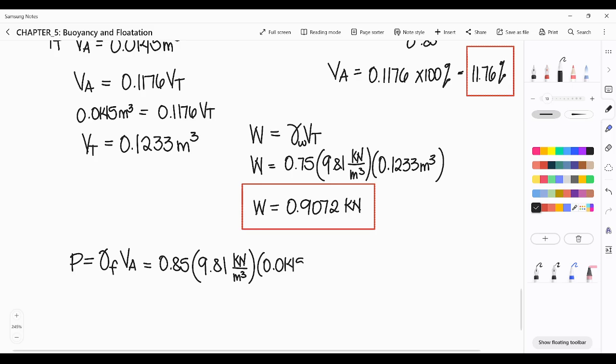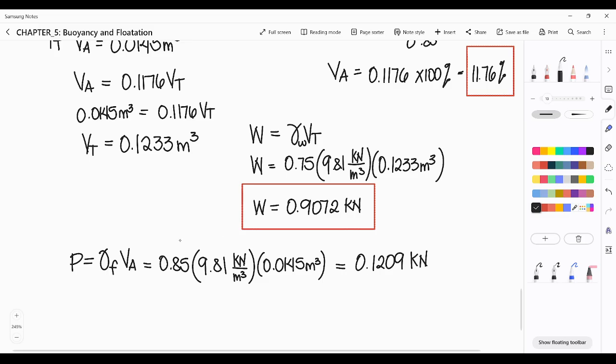So, multiply mo lang dyan, 0.0145 cubic meters. So, from there, we'll end up with the additional force in kilonewtons, and pressing that into your calculator, you will arrive with the value of 0.1209 kilonewtons.